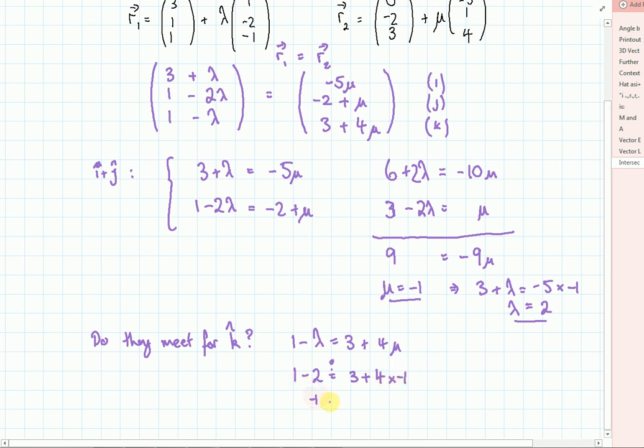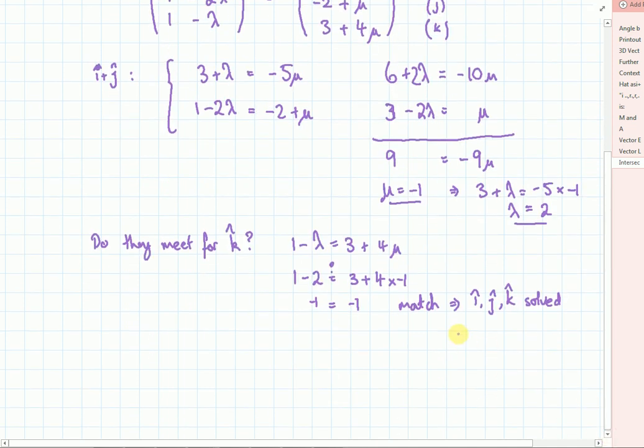That's going to be minus 1, and this equals minus 1. So yes, match. So that means that I, J and K are all solved simultaneously. So the lines meet and cross.